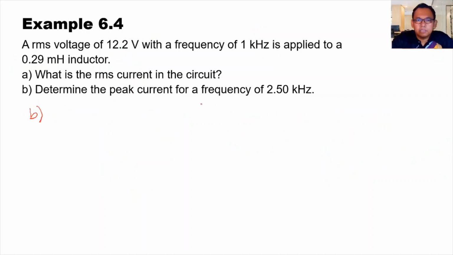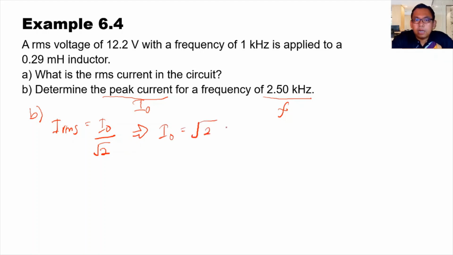Okay, B. Determine the peak current I0 for frequency 2.5 kHz. This is a new frequency there. So IRMS is equal to peak current divided by square root of 2. So that means if we want to find peak current, we have to find first the RMS current.